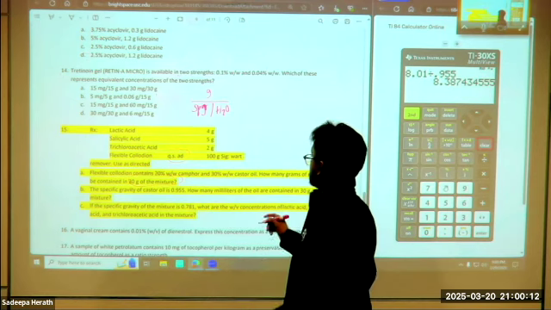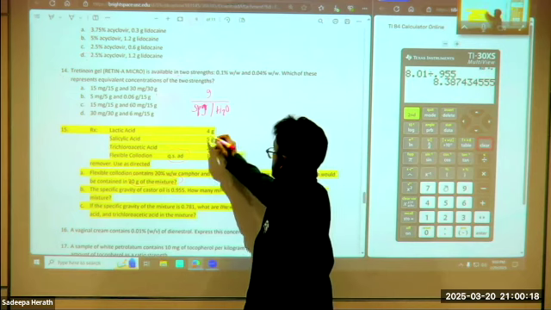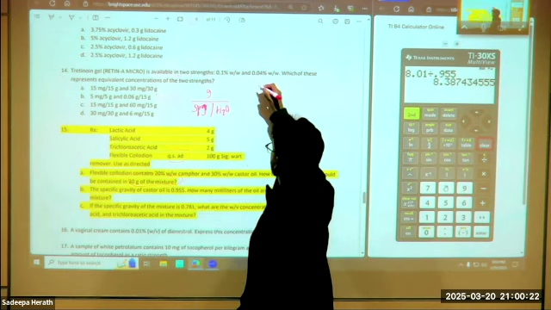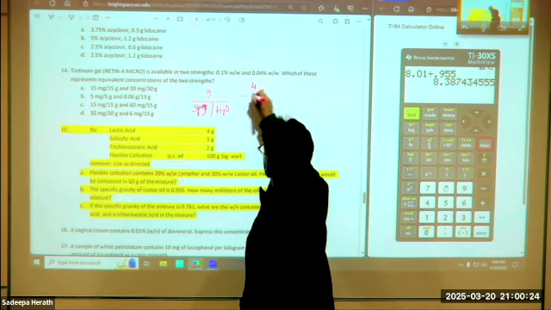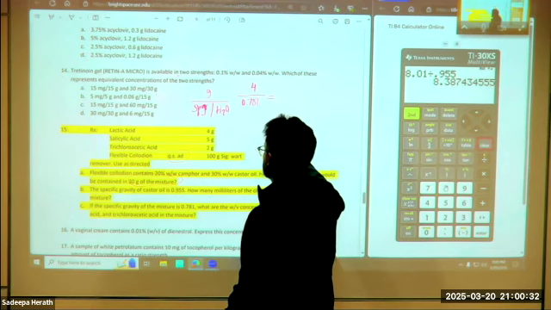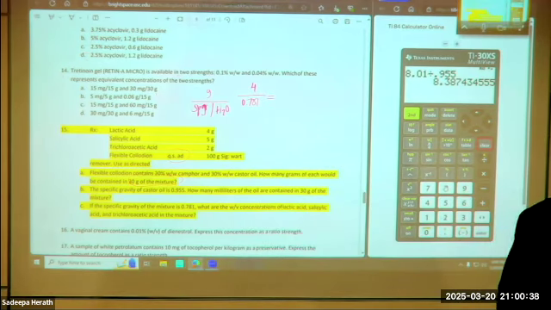What are those? So let's start with lactic acid. Sorry, I think it's 100 over 781.